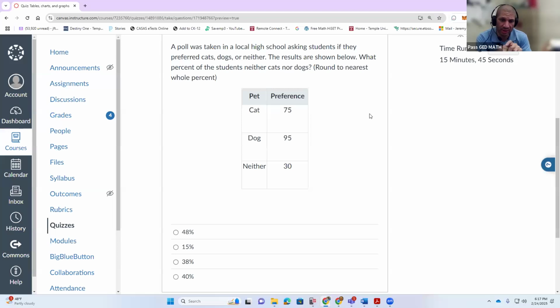What percent of the students are neither cats nor dogs? Oh, nor dogs. Okay. 70, 80, 90, 100, 105. So 105 over 200?